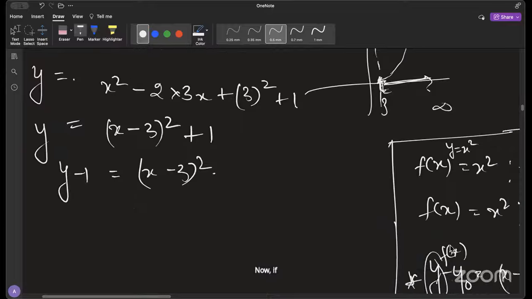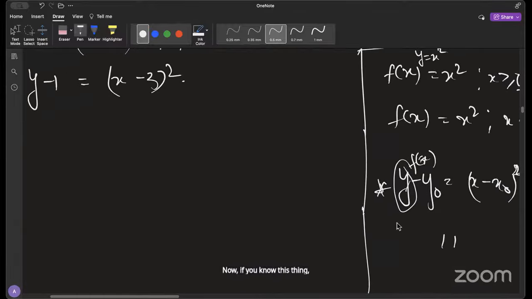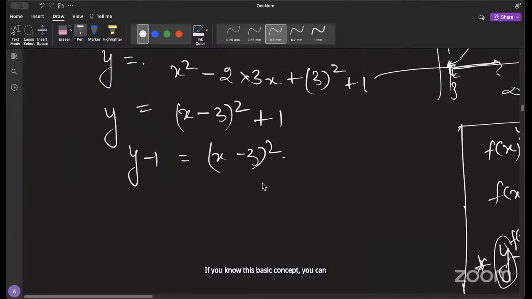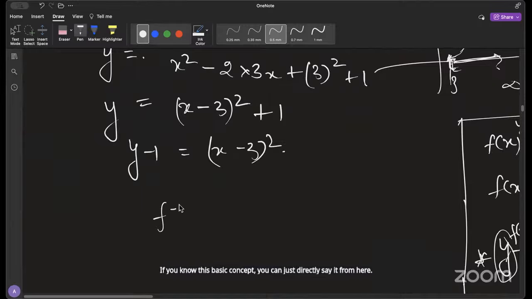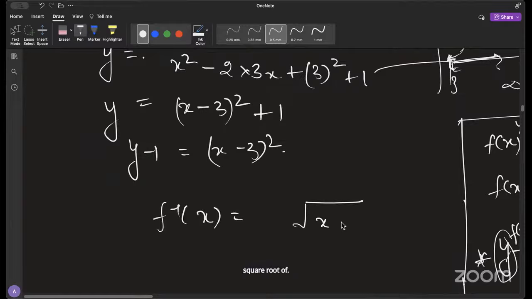Now, if you know this basic concept, you can just directly say from here that the inverse, f inverse of x, should be the square root of x minus 1, plus 3. Let's take it as a function of y.